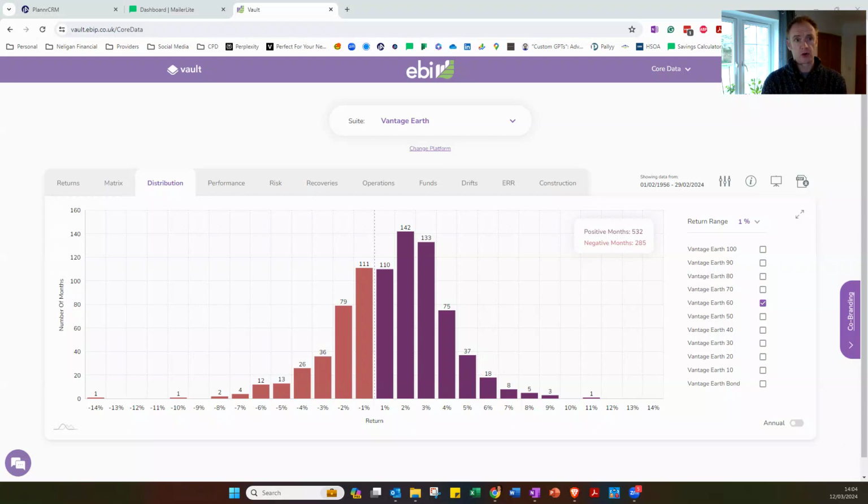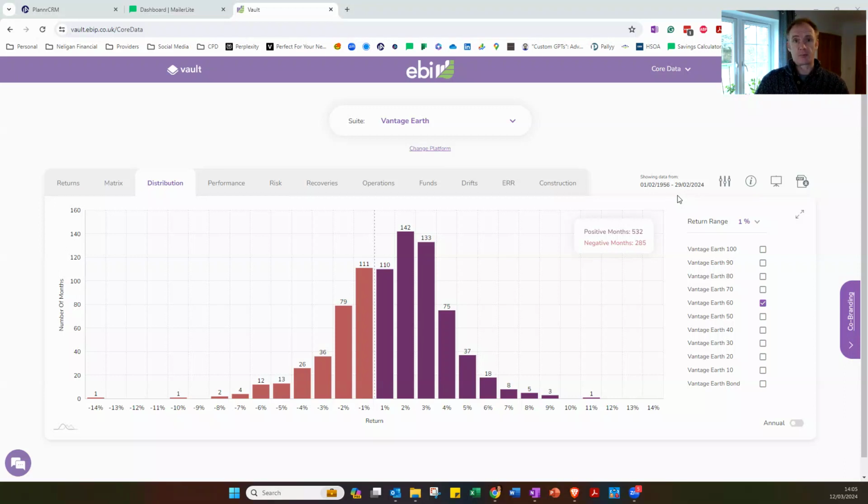What I want to show you is the distribution of returns for particular portfolios over the long term, and I'm going to do that step by step, and hopefully make it as clear and concise as possible for you. So what we're looking at here in this table is a portfolio that's been invested since 1956.